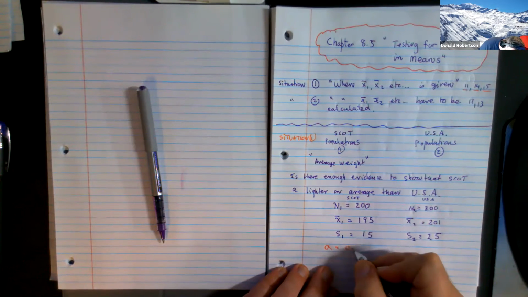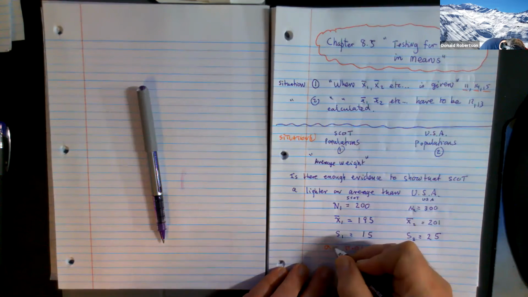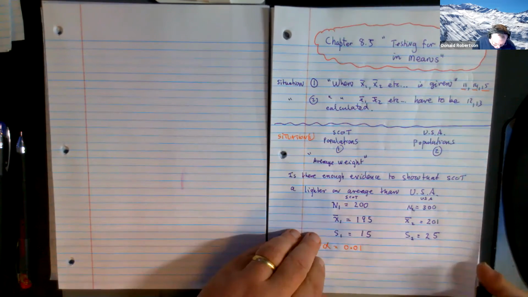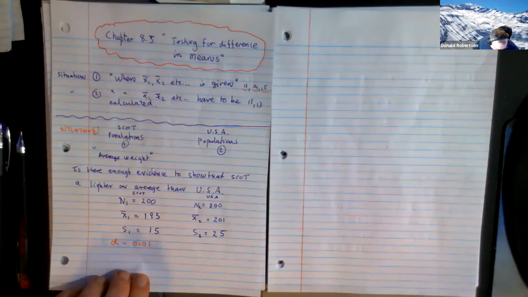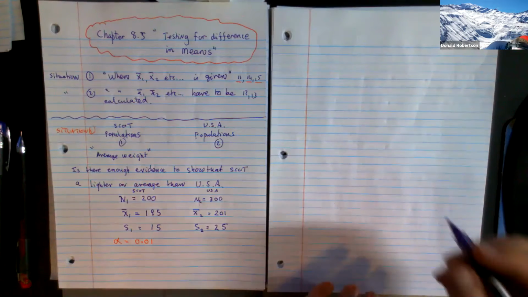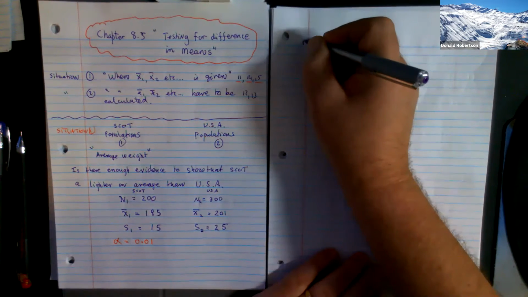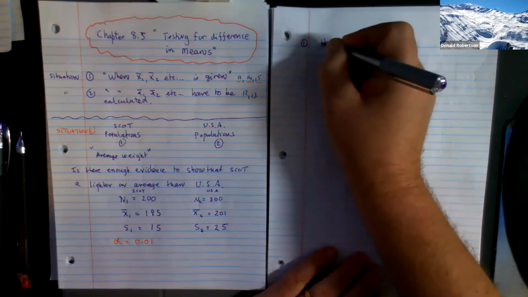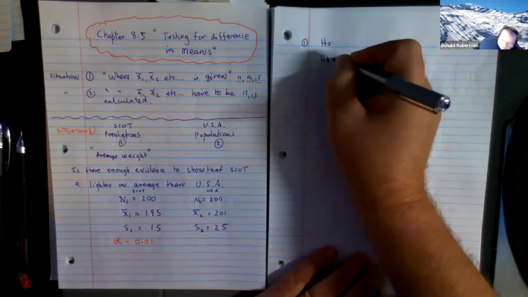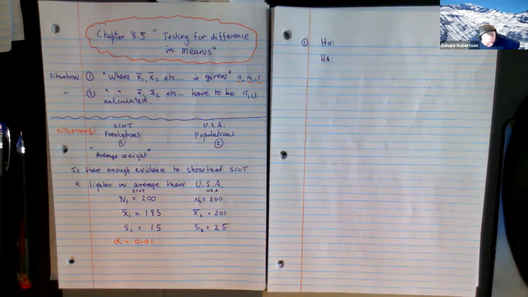And let's say the significance level is 0.01. So how do we take all of that information and create a hypothesis test? Well, we're going to start by setting up what the 2 hypotheses are.